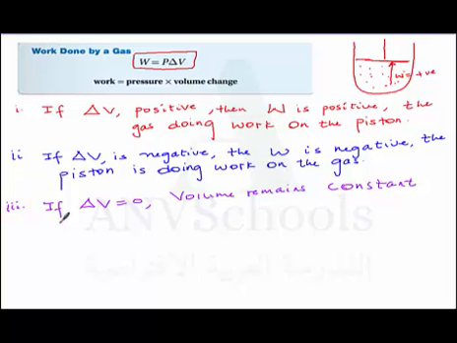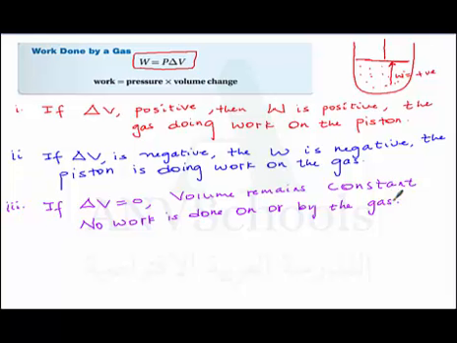So we don't have change in volume. Whatever the pressure is, zero multiplied by pressure will be zero. So this means no work is done on or by the gas. This is the third case.